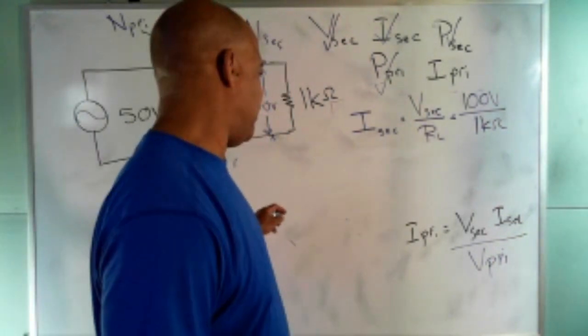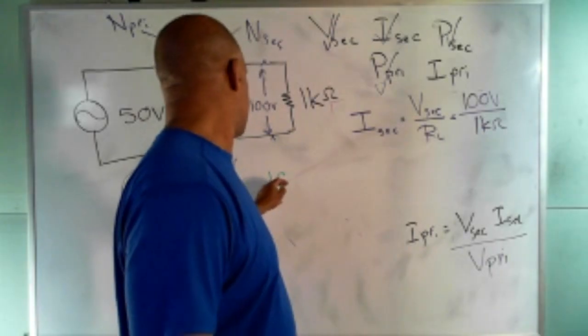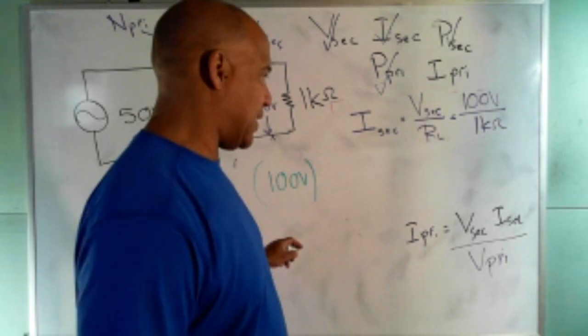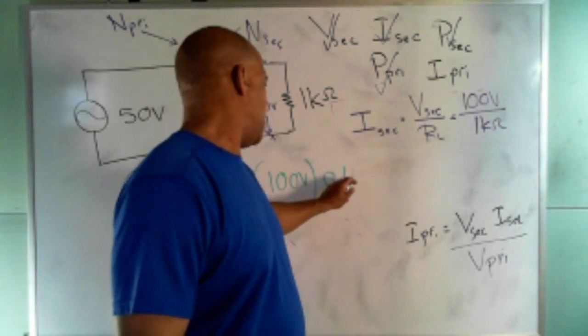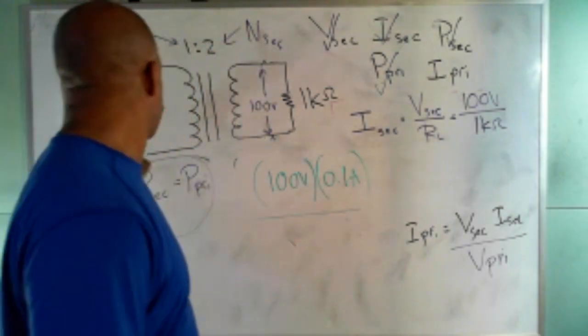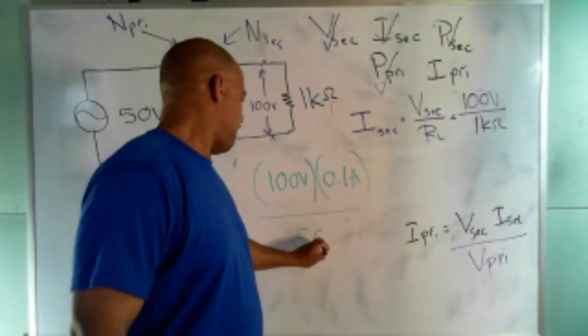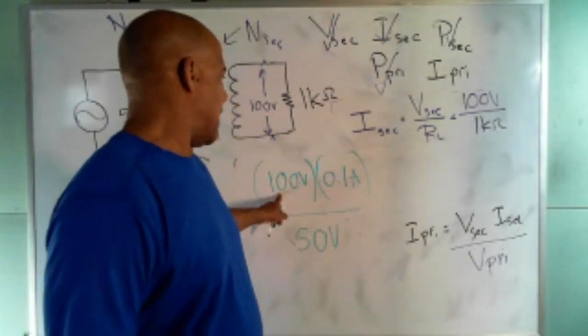So I prime is going to be VSAC, which is 100 volts, times ISAC, which was 0.1 amps, divided by V prime, which is 50.